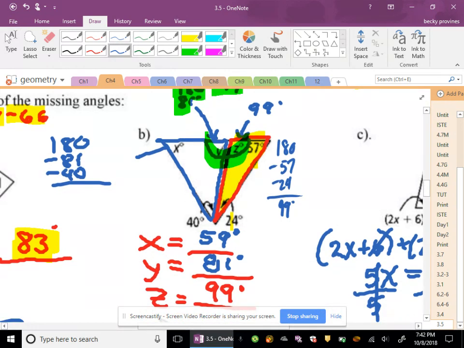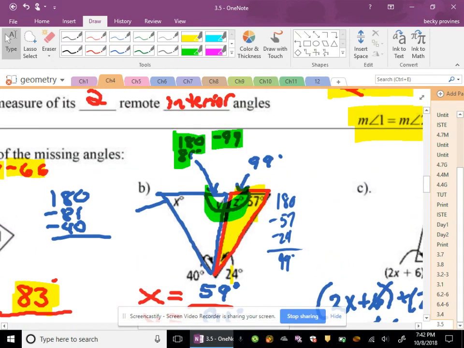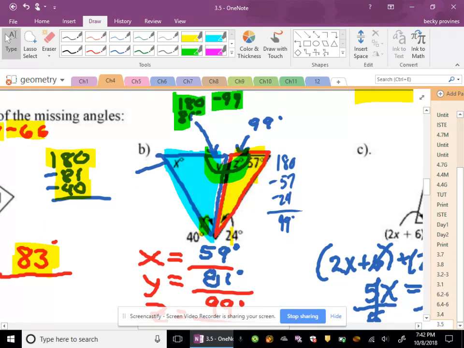For Y, I have 81. Now that I have those two, we're looking at this blue triangle. I know two of the angle measures: the 81 that I just found, and the bottom angle is 40. I'm going to subtract them from the total of 180, and when I do that, I get 59.